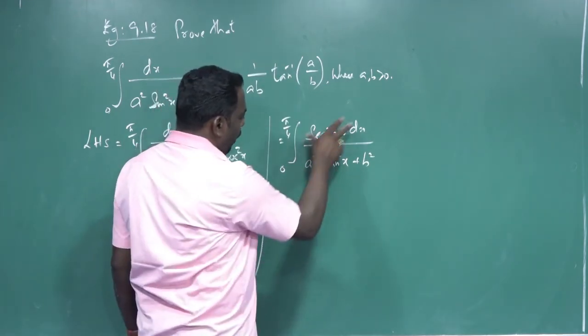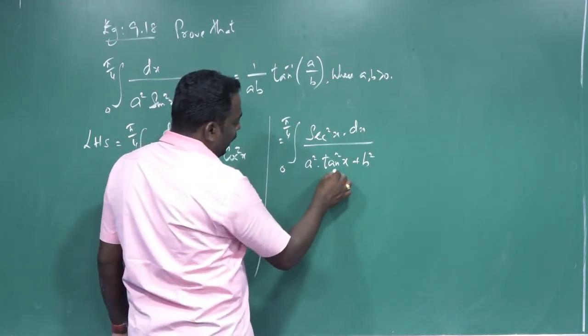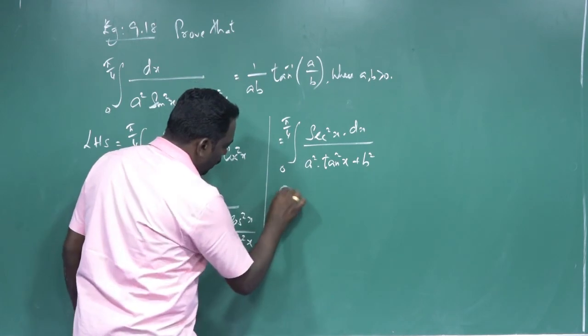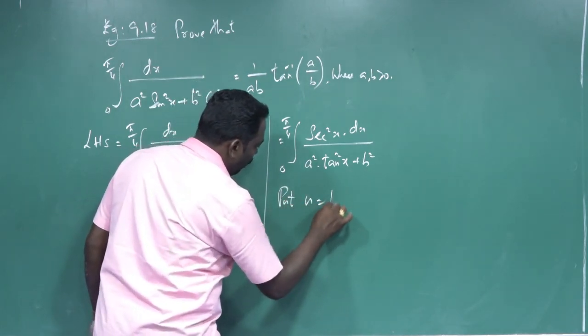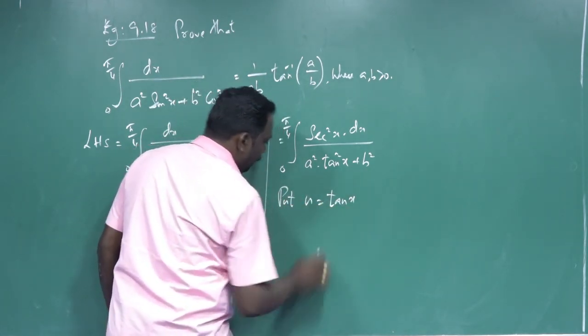Now in this equation we can take tan x equal to u, and put u equal to tan x.